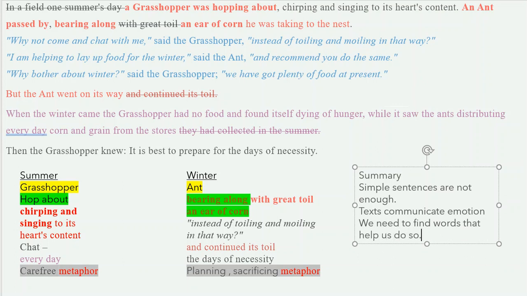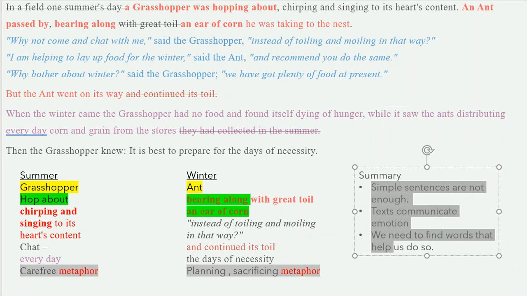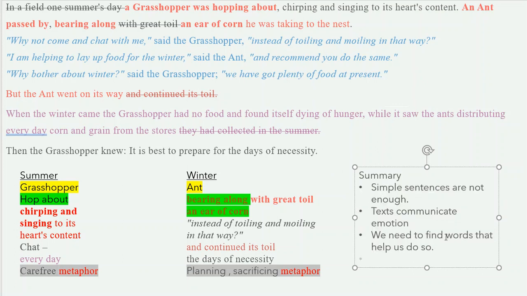All right, what else did we learn? So simple sentences are not enough, all of that. We learned more. We learned that texts develop along contrasts, right?